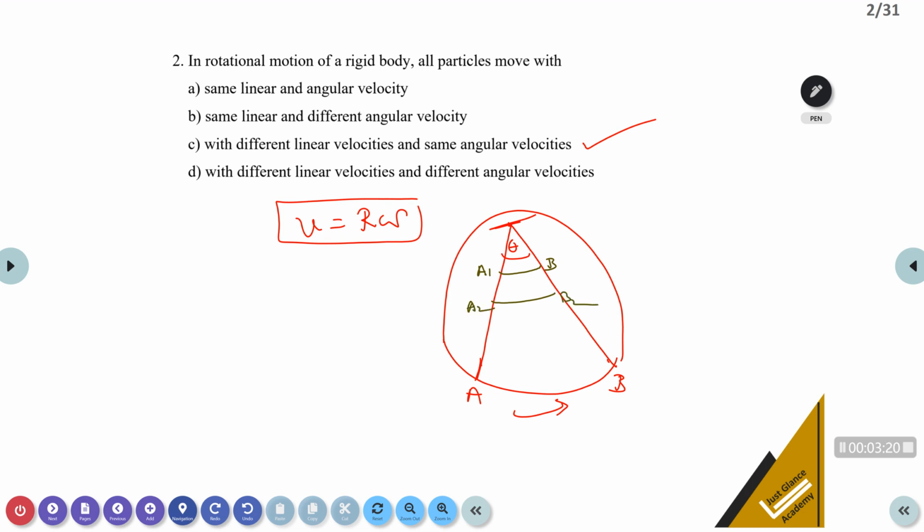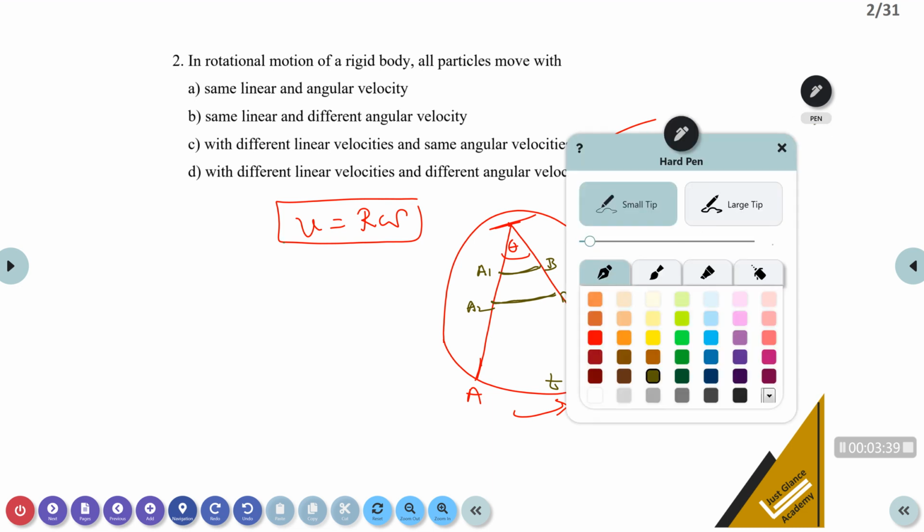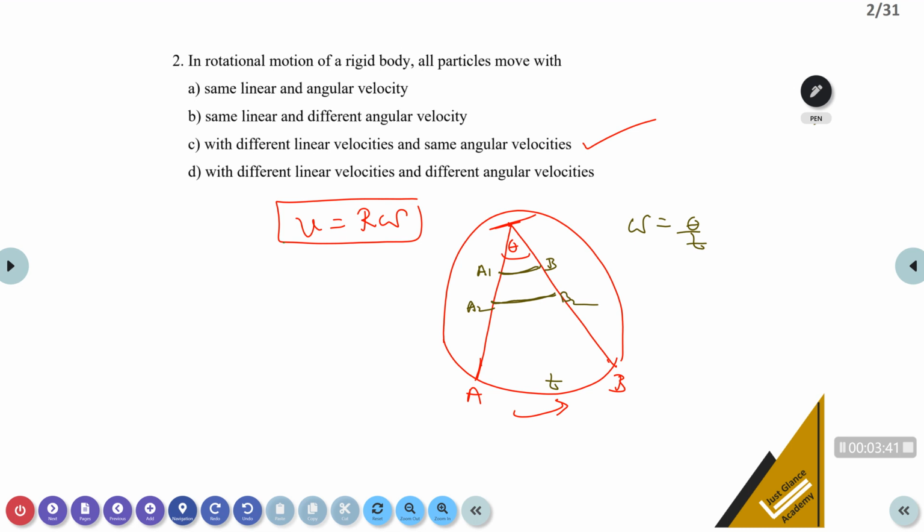Here you see the angular velocity for A1 B1 and for A2 B2 is the same, because theta is the same here. We know that omega equal to theta divided by t, where t is the time taken. But the distance R varies. Here it is R1, and this distance is R2.